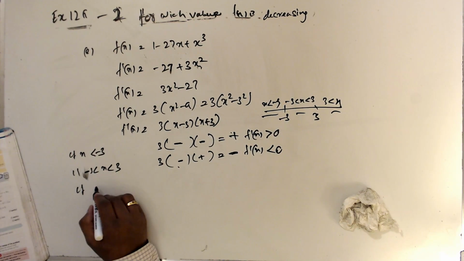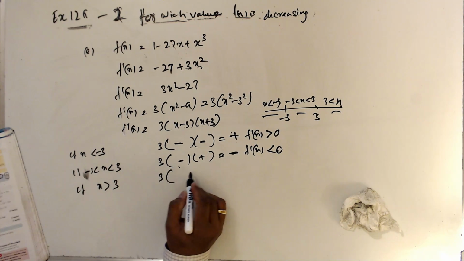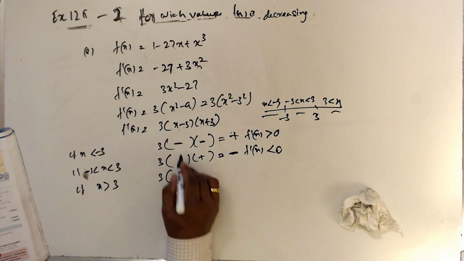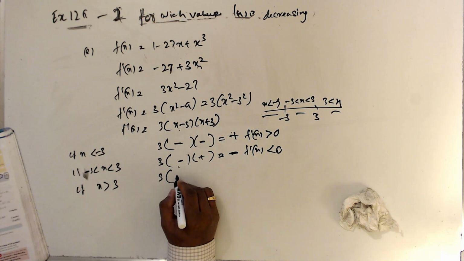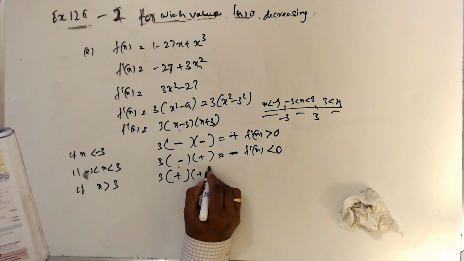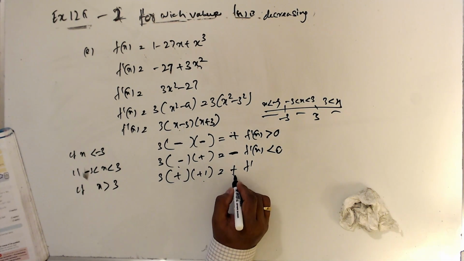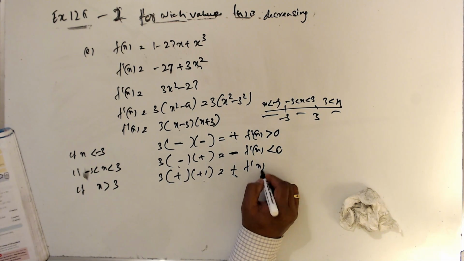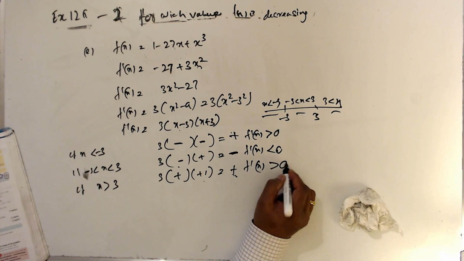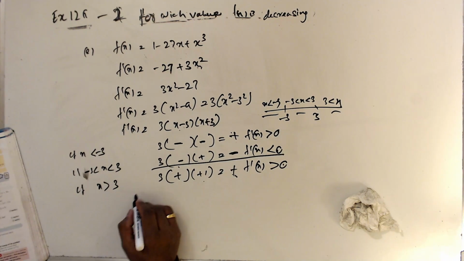If x is greater than 3, if we put 100, 100 minus 3, 97, is positive. 100 plus 3, 103, is still positive. So positive times positive is positive. So f dash x is greater than 0. Now this is the only possibility.